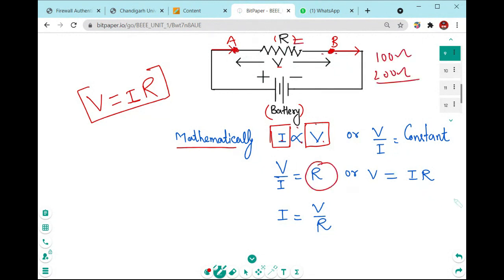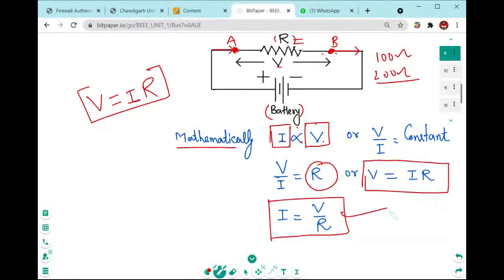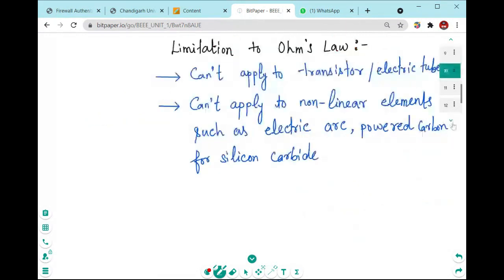Clear? And temperature remains constant. This is the condition right here. I is equal to V upon R. So these two equations are going to be used so many times in your DC circuits. Clear, everyone? We have seen the limitations in the last lecture.